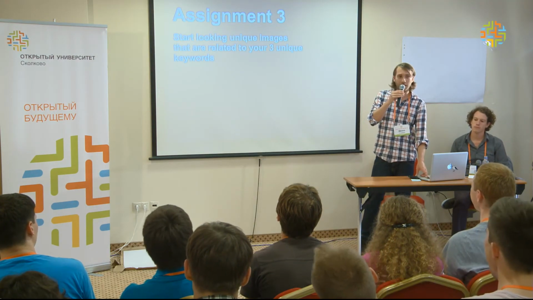So I want you to do this individually in the time now: find as many images as you can for your 3 keywords, and save them in a folder on your laptop or wherever, categorized into 3 folders. Later on we can go through them. Only images that are related to your keywords.